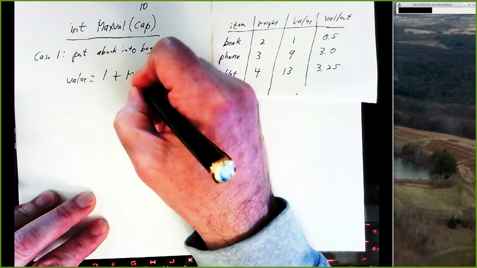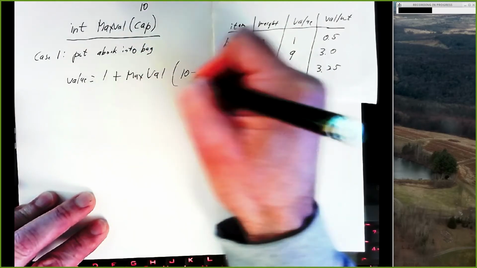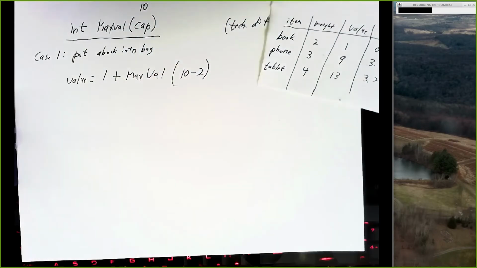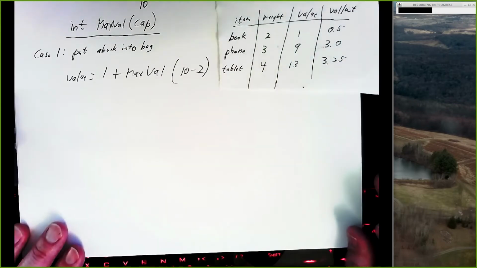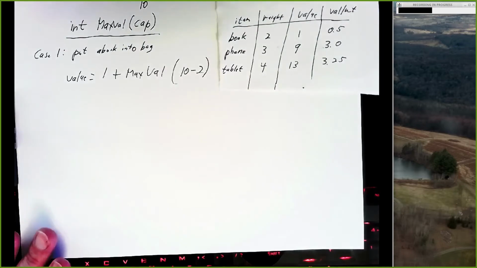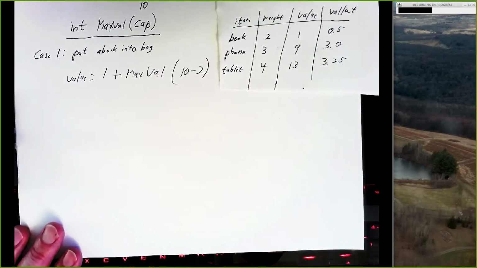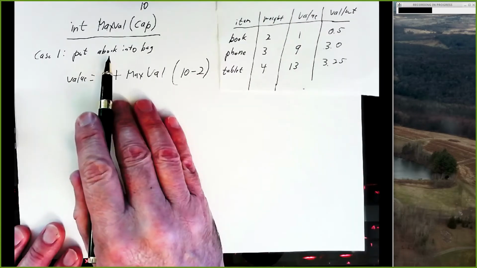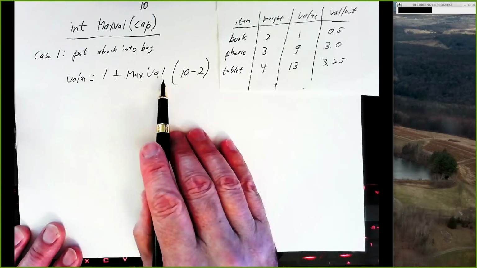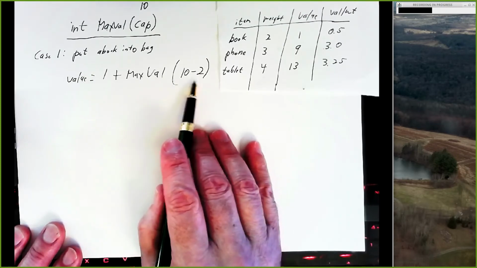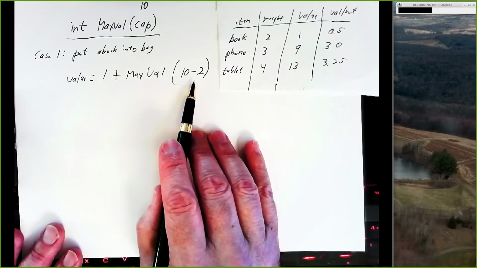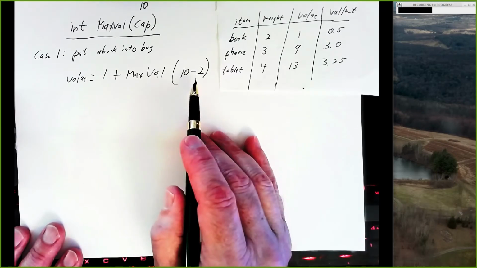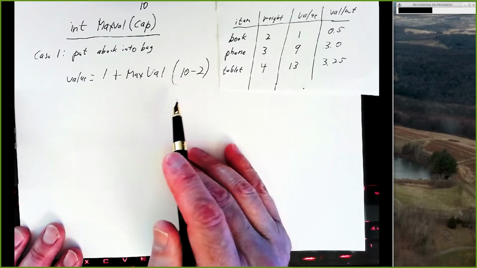Nice. So this would just be capacity minus the weight of this item. Yep. So the value we get if we put a book in is the value of the book plus whatever we can get out of this slightly diminished capacity bag, this bag that now holds only 8 pounds. How much can we get from that? Well, our max val function will tell us that.